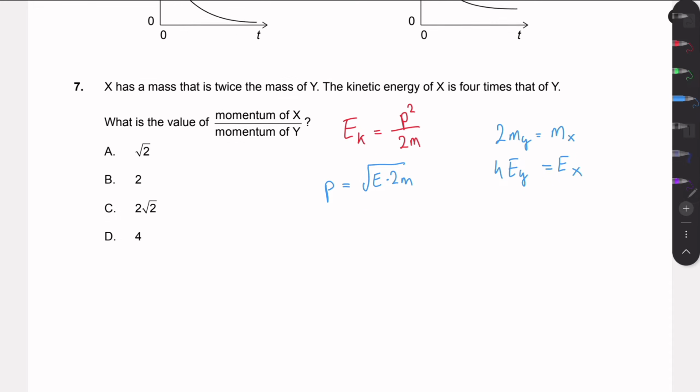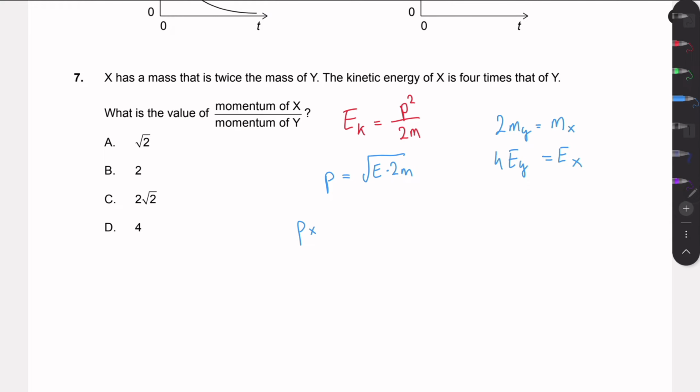And what we're interested in is the momentum of X divided by the momentum of Y. So this will be just the square root of the energy of X times 2 times the mass of X, divided by the square root of the energy of Y times 2 times the mass of Y. And we can plug in our ratio relationships that we just came up with.